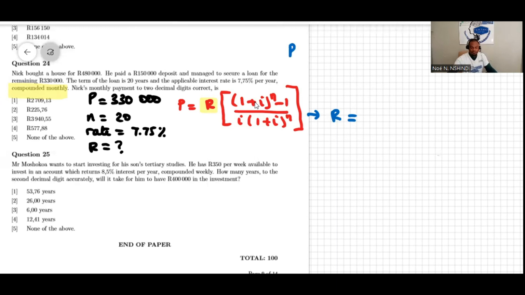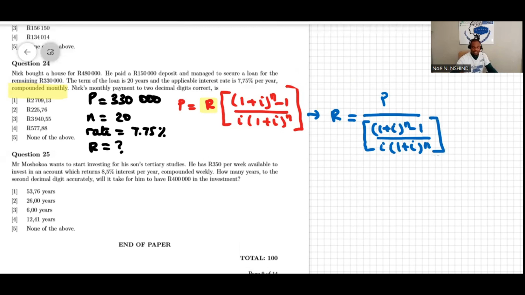If P was equal to R times 2, and I need R, I would say R would be P over 2. So R will be equal to P over the square bracket of (1 plus i)^n minus 1, all over i times (1 plus i)^n.